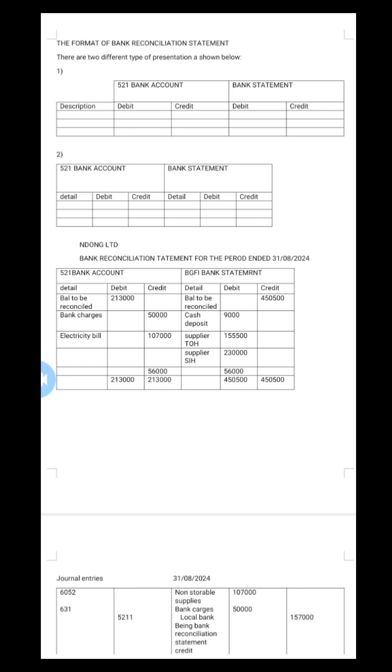And remember, it is a reciprocal account. The bank account keeps the records of the bank statement, and the bank statement keeps the records of the bank account. So you will see that when they are reciprocating, the increase in the bank account is on the debit, while the increase in the bank statement is the credit.